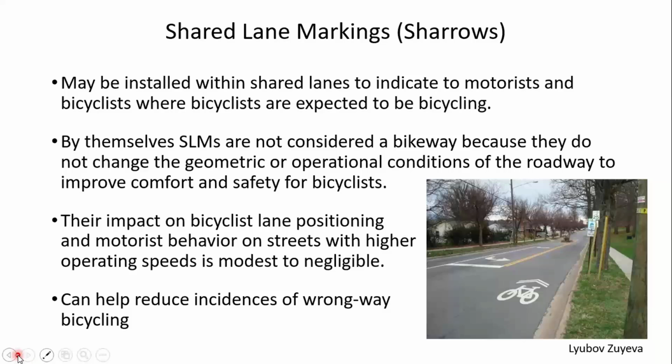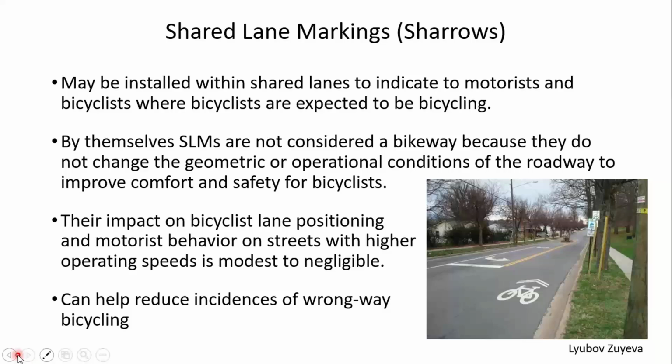Another thing to think about is the shared lane markings, or the so-called sharrows. They may be installed within shared lanes, like you see in the photo here, to indicate to motorists and bicyclists where bicyclists are expected to be bicycling.